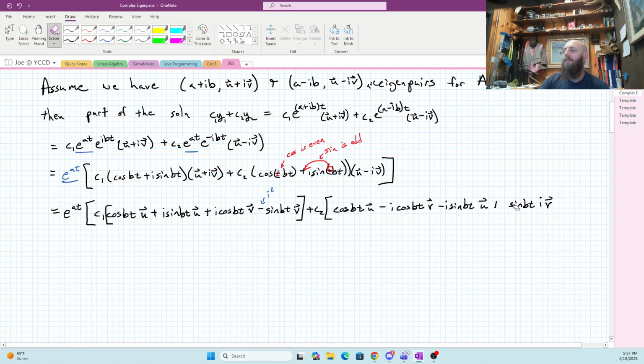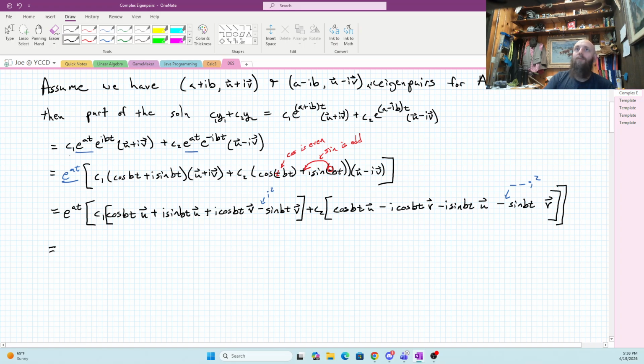And I can whack these two i's and make that into a minus. So that minus sign is minus i squared. So that's a total of 3 minus signs altogether. Okay. Now that's our closing bracket. That's our big closing bracket.